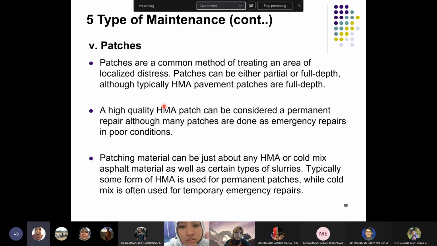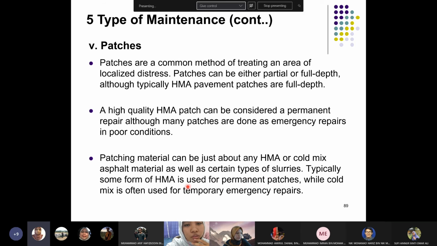Okay, tapi kalau you guna yang just a moderate quality or not a full depth punya repairing technique, it would be very temporary punya solution sajalah. Okay, later on you need to go for other method lah to solve the problem. Right. It can be about any HMA or cold mixed asphalt material, as well as certain types of slurries.